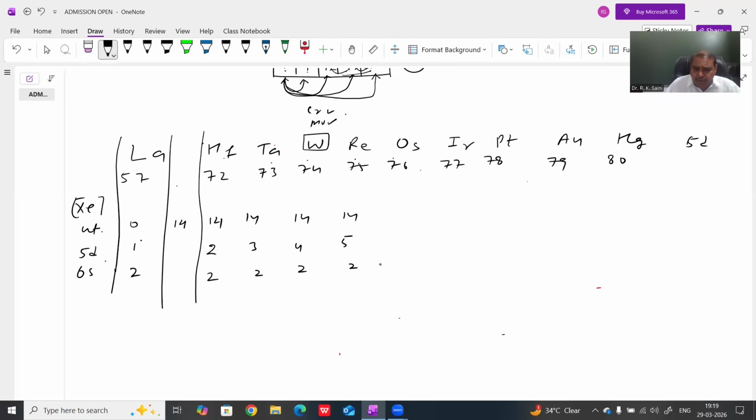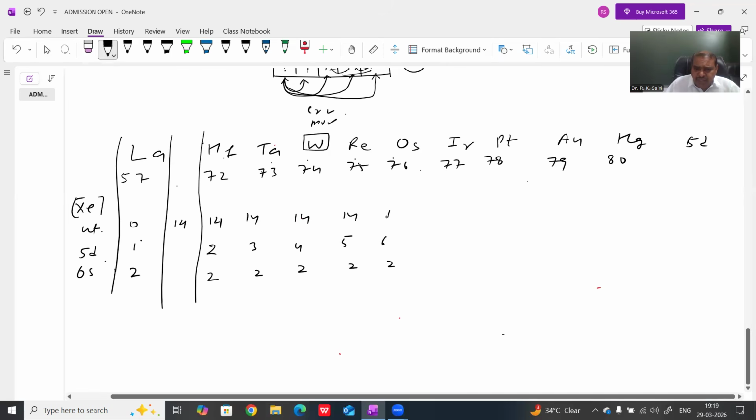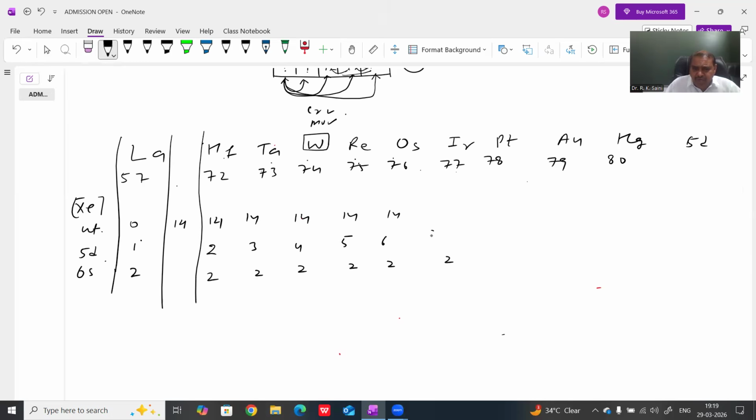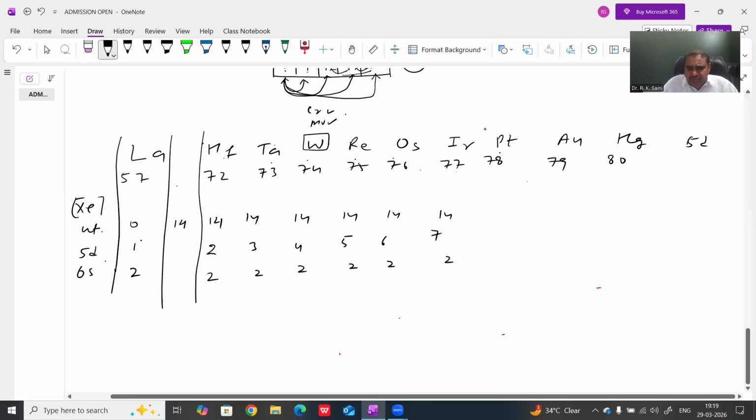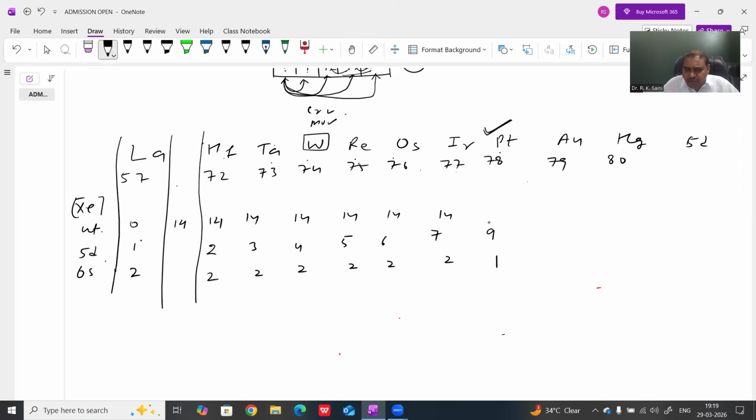Osmium, no exception: 5d6 6s2, 4f14. Iridium, no exception: 5d7 6s2, 4f14. Platinum, great exception: 5d9 6s1, 4f14. This exception was asked in JEE two years before. In gold, also an exception: 5d10 6s1, 4f14, like the other coinage metals, for example copper and silver. And mercury, no exception: 5d10 6s2, 4f14.